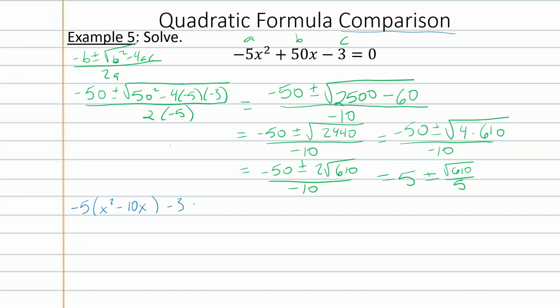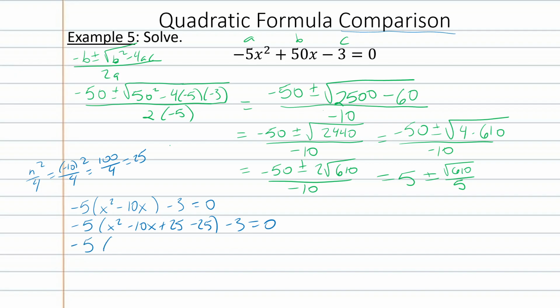And then, of course, you've got the minus 3 equals 0. At this point, my n here is negative 10. So I need to look at n squared over 4. So I'm looking at negative 10 squared over 4. 10 squared is 100. 100 divided by 4 is 25. That means that this needs to look like negative 5 times x squared minus 10x plus 25 minus 25 minus 3 equals 0, right?